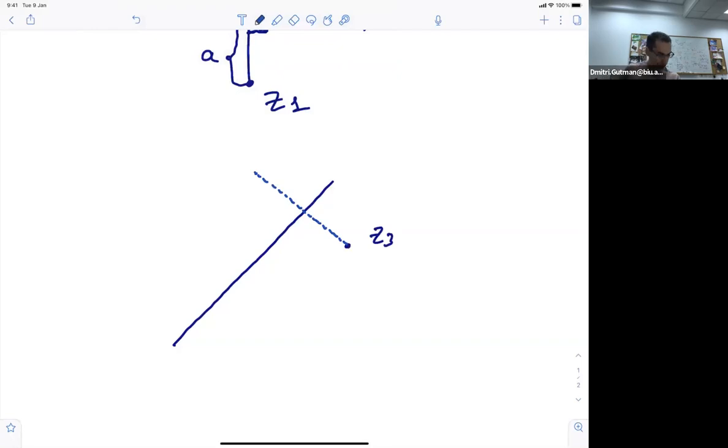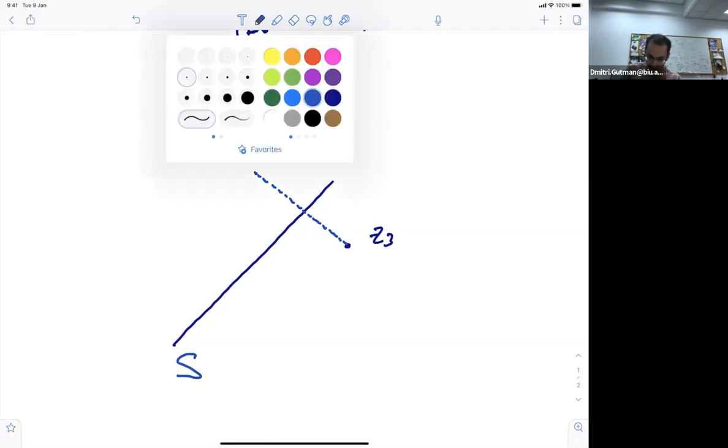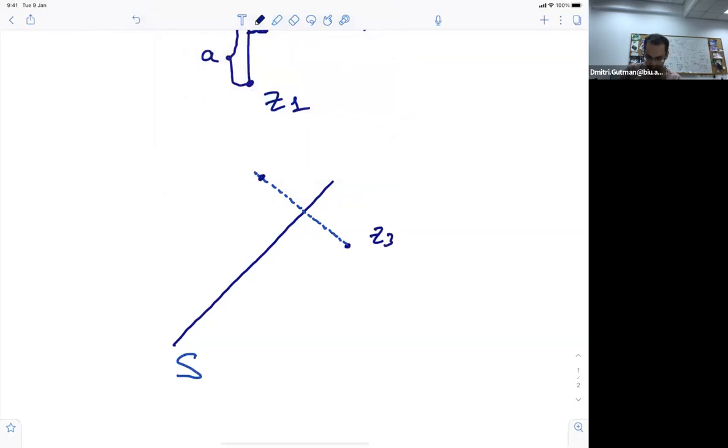So let's call this line S. And then there will be a point Z4 such that the pair of points Z3 and Z4 are symmetric with respect to line S. Okay, now, this is the geometric construction. You give me a line, you give me a point, and I find you a mirror image of this point.